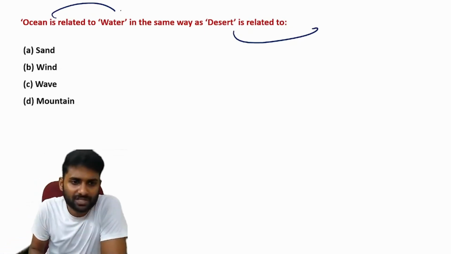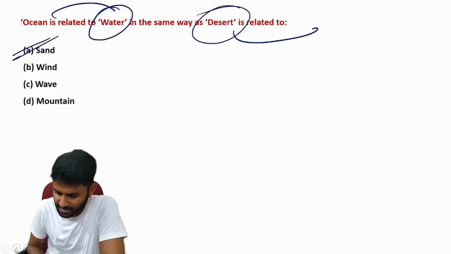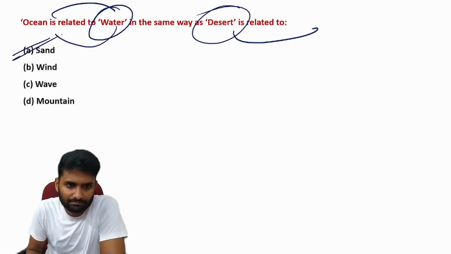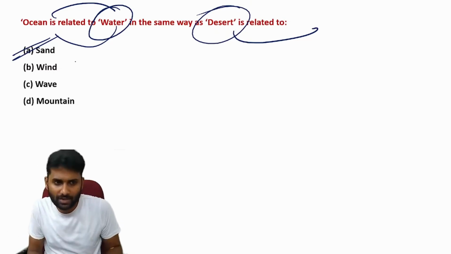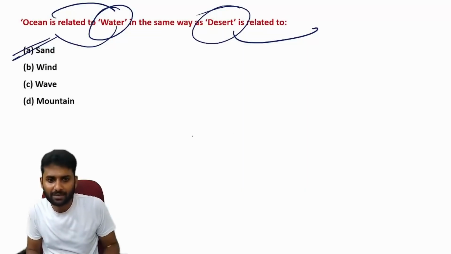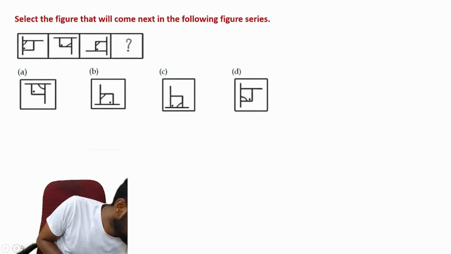Now see here, ocean is related to water, desert is related to sand. That's the relation. If water is available, then we can call it an ocean. If sand is available, then we can call it a desert. That's the relation. Now try to solve this question.